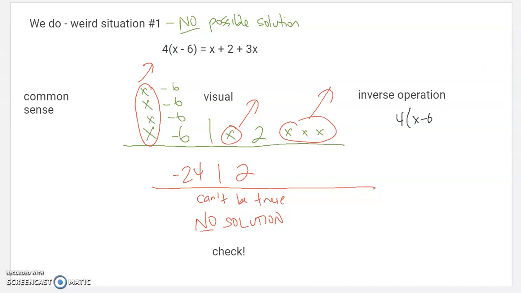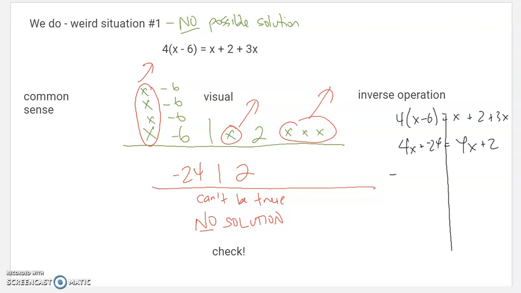And if you try the inverse operation strategy, you run into the same thing. 4 times x minus 6 is equal to x plus 2 plus 3x. If I do a few steps all at once here, I get 4x plus negative 24 is equal to 4x plus 2. This already seems weird, right? I've got something that if I multiply it by 4 and add negative 24, I get the same thing as if I multiply by 4 and only add 2.